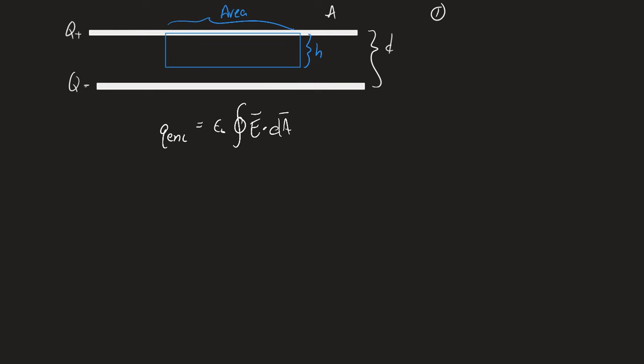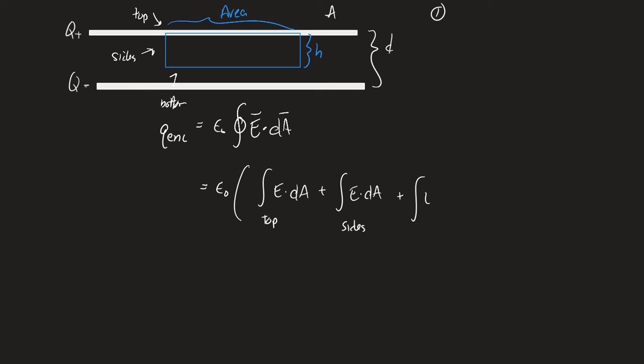We're going to have 3 separate areas: the top, the sides, and the bottom. When you're doing this problem, which we've done before, we're just simplifying it a little bit to say we're going to have E dot dA for the top plus E dot dA for the sides plus E dot dA for the bottom.